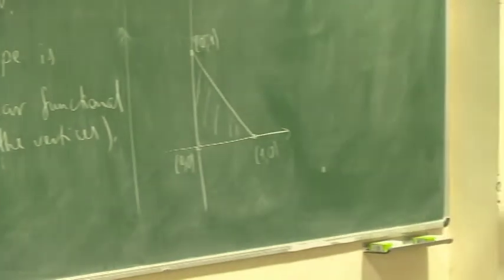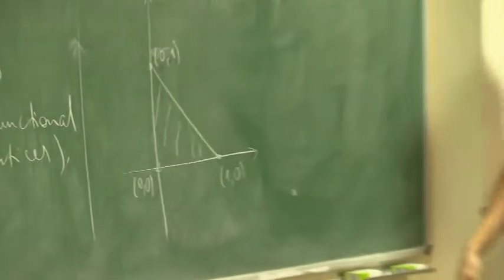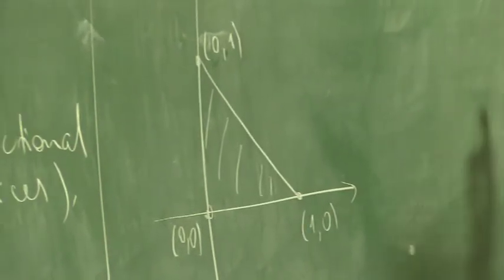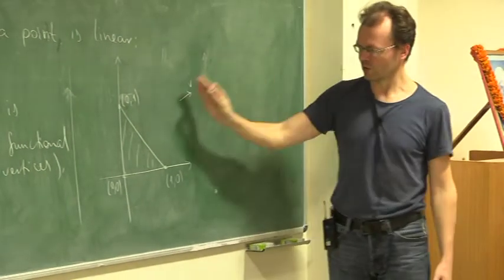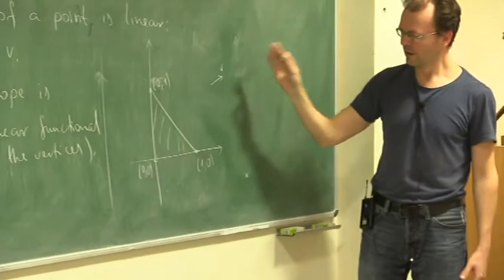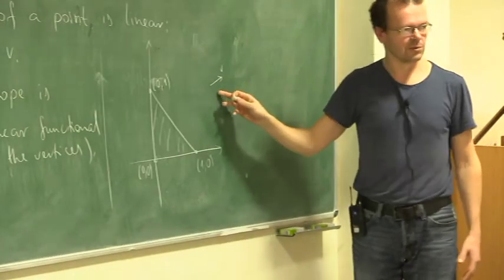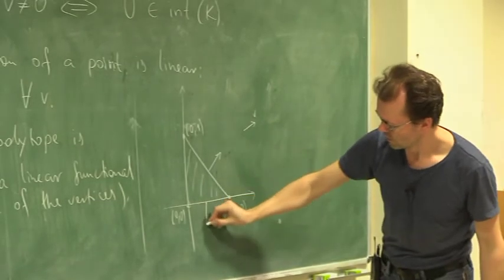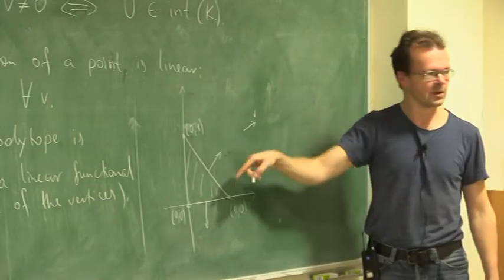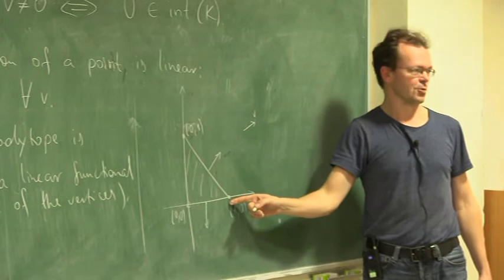Now I want to compute the support function of this two-dimensional convex body. I'm taking any vector v, and I want to maximize the corresponding linear functional. Good, it depends on the direction of v. If v is between these two vectors, then the maximum will always be attained at this vertex.